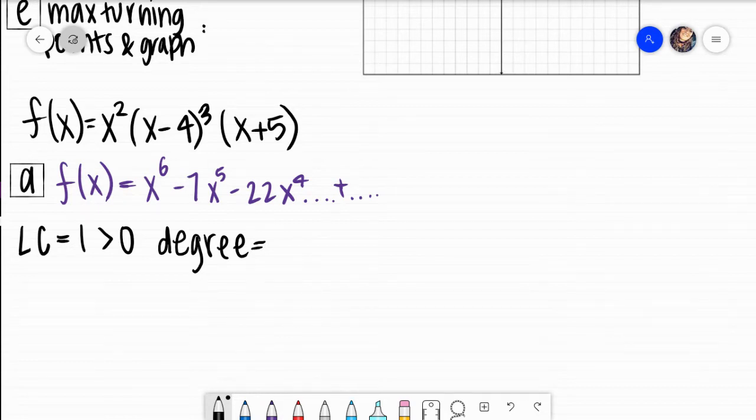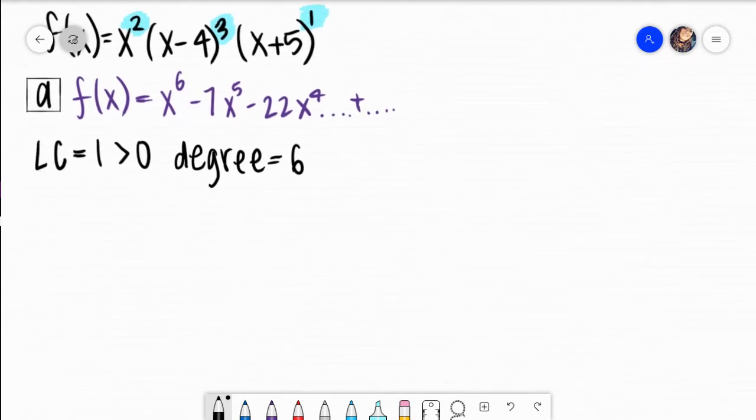Well, if you didn't want to actually do all of that work, what we can do is add 2 plus 3 plus 1, that's 6. There is no reason to have to factor everything out if you don't have to. So degree 6.